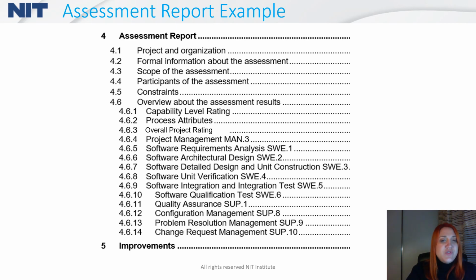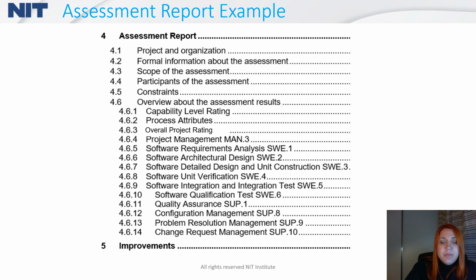You need to have all the constraints, and when you are giving the ratings, you need to have an overview of the assessment results. It means that you need to have the overview of the capability level ratings, of the process attribute ratings, and the overall project ratings. And then in separate chapters, you need to give all the weaknesses, all the strengths, and all the comments and possible improvements for all the processes that you rated.